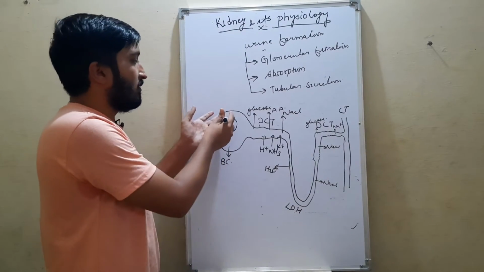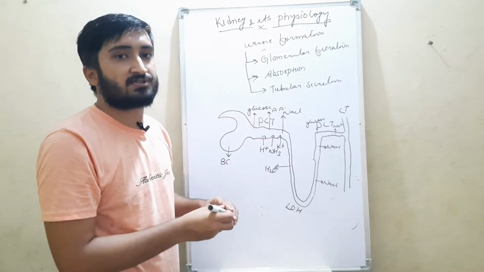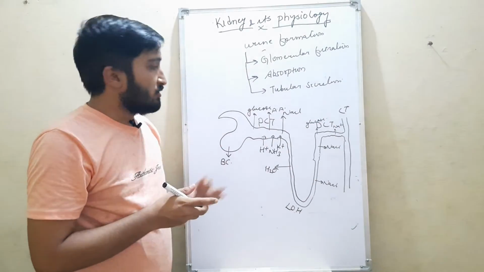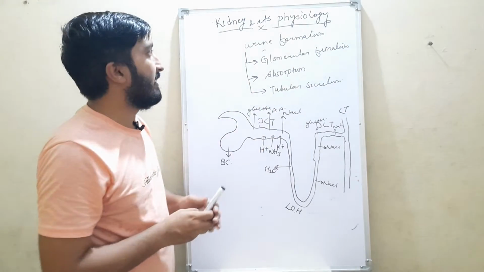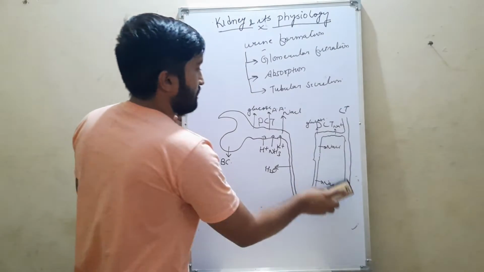When we compare the glomerular filtrate and the urine formed, around 99% is reabsorbed, so the urine gets more and more concentrated. Now I will explain the homeostasis mechanism.